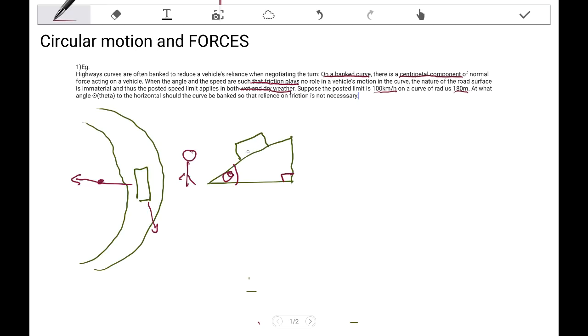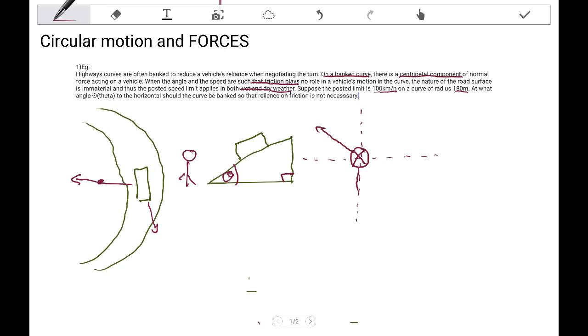So if you decide to draw the free body diagram, let's draw the reference. Our reference is going to be like that, and then let's consider the object of focus, which is the car. That car has a normal force which points this way. This is the normal force.